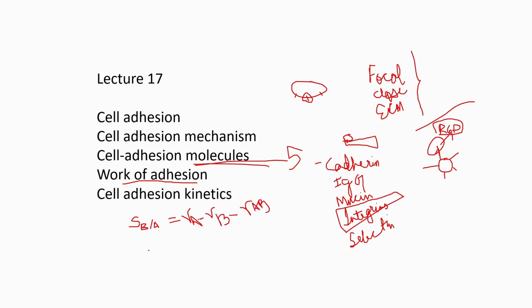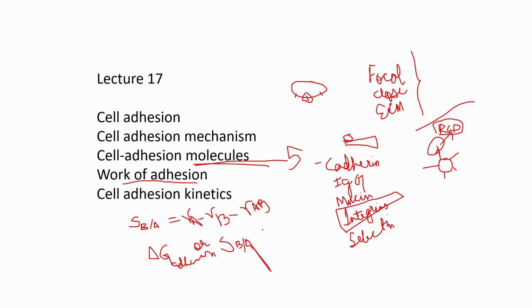And then the Gibbs free energy of adhesion, or the delta G of adhesion, or the spreading of B over A, or the work of adhesion.